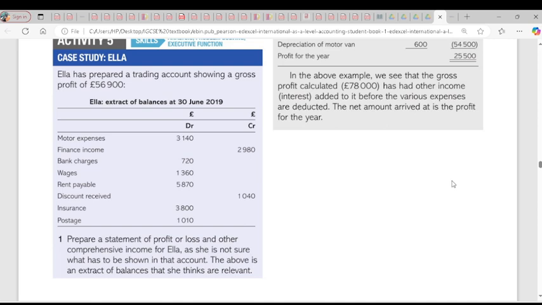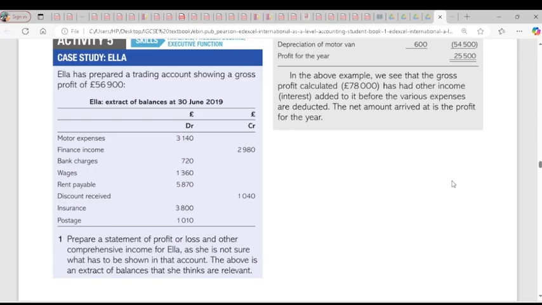You add it to your gross profit, which is 2,980. Then there's a discount received of 1,040. You add it to it. So your total in the gross profit section is going to be 60,920. That's gross profit plus interest received and discount received. Now you deduct all expenditures.